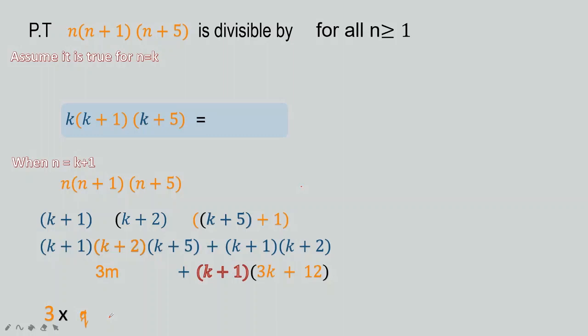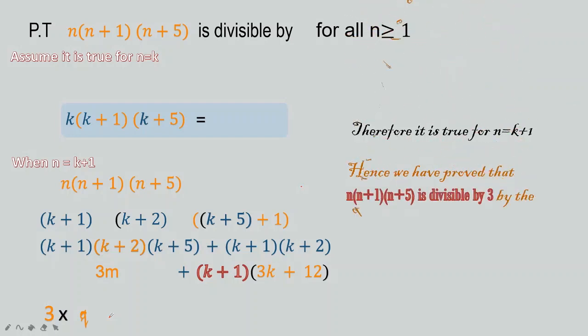Okay. So I have proved that it is true for n is equal to k plus 1. Hence, we have proved that n into n plus 1 into n plus 5 is divisible by 3 by the principle of mathematical induction. By this principle, we have proved it by applying 3 steps.